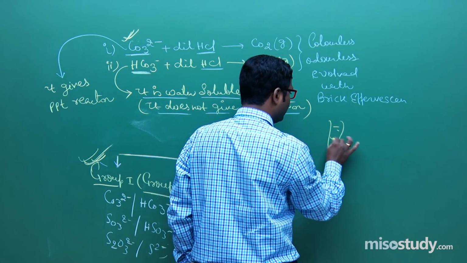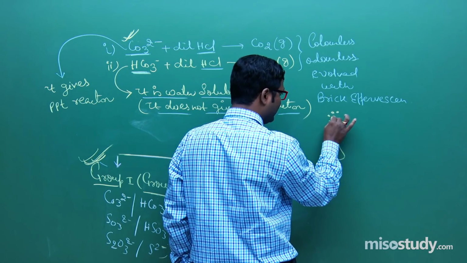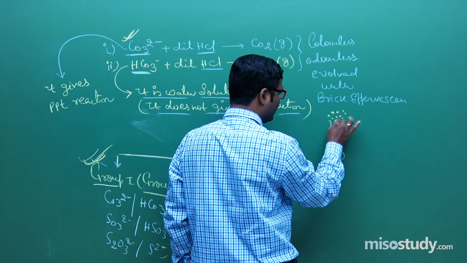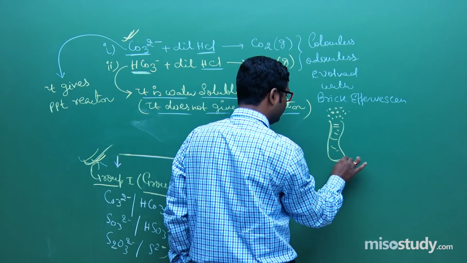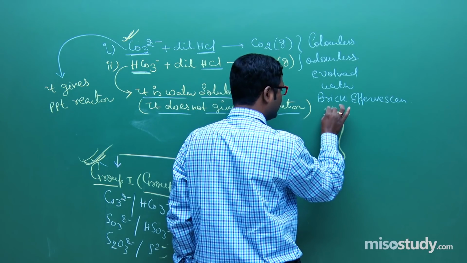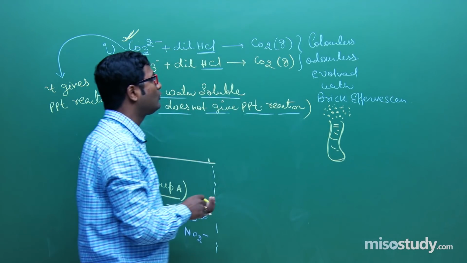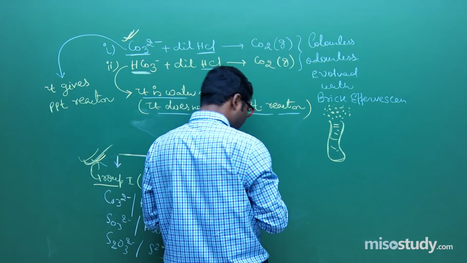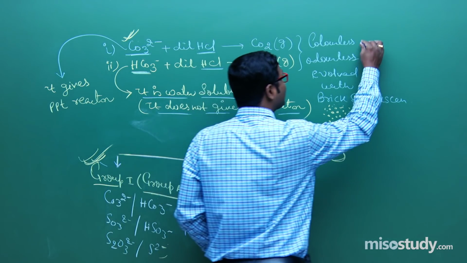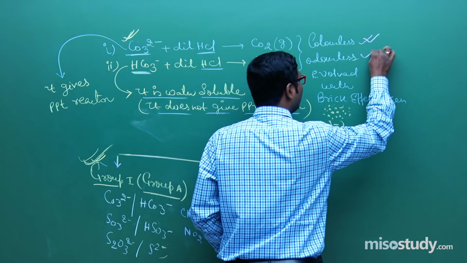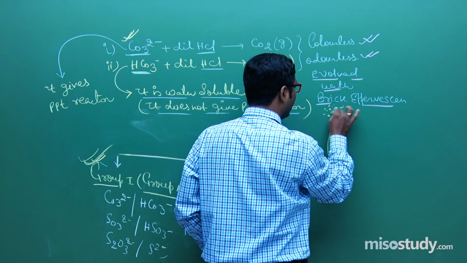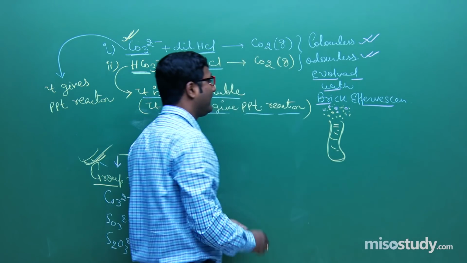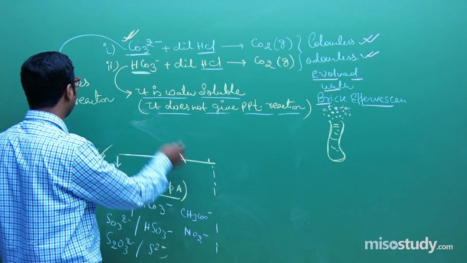If this is a pot, it will evolve like this. Clear to you, friend? This is brisk effervescence. So how to judge then? The gas evolved is colorless, odorless, and evolves with brisk effervescence. Clear to you?